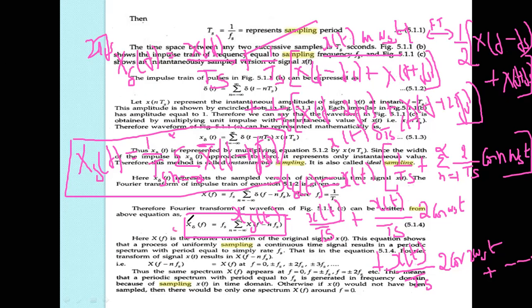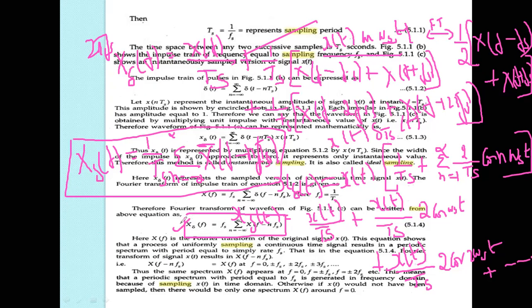Okay, now we got the idea. Before applying the Fourier transformation, using the trigonometric Fourier series, I have to derive the equation of x delta of t, combining with x of t, the original signal. Finally, after applying the Fourier transformation, we get x delta of f is equal to fs, sum of n is equal to minus infinity to infinity, X of f minus n into fs.